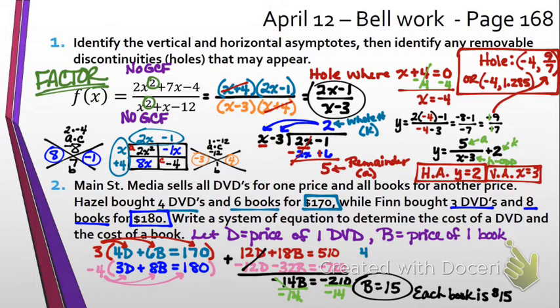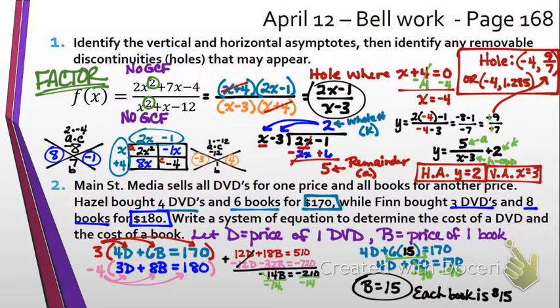So 4D plus 6 times, we're going to put 15 in the place of B, equals 170. What is 6 times 15? You said 90? Equals 170. So then I'm going to subtract 90 from both sides. What is 170 minus 90? 80.